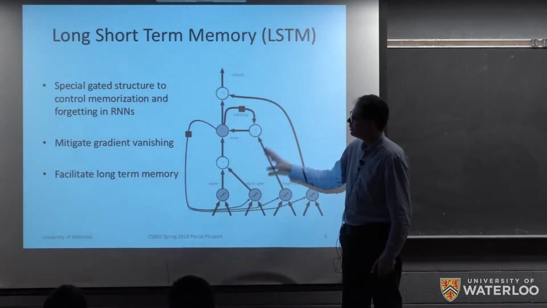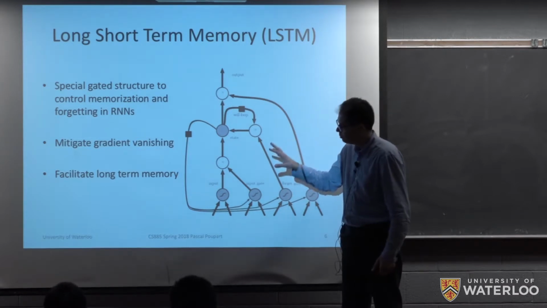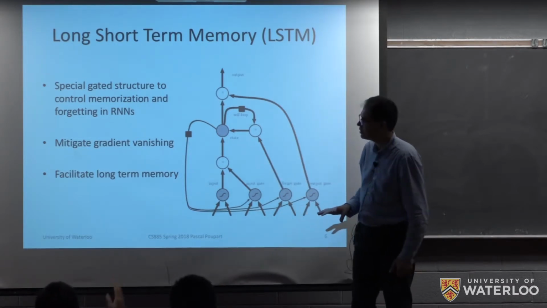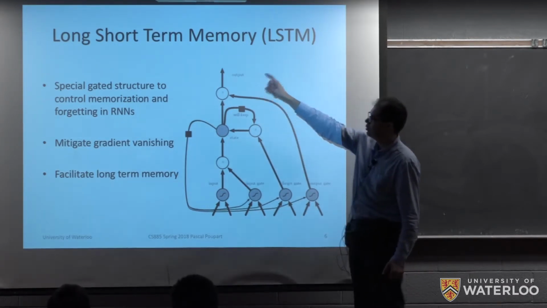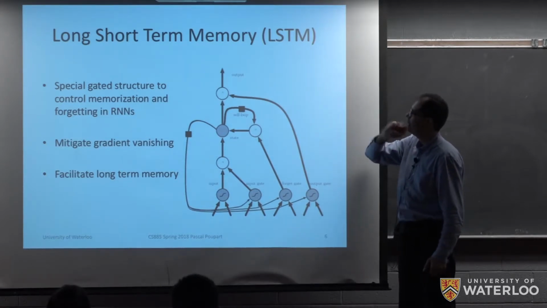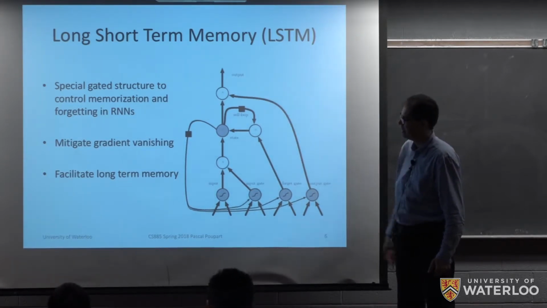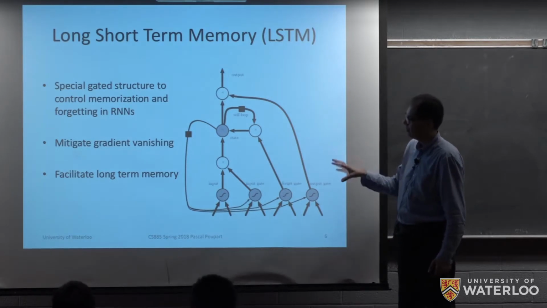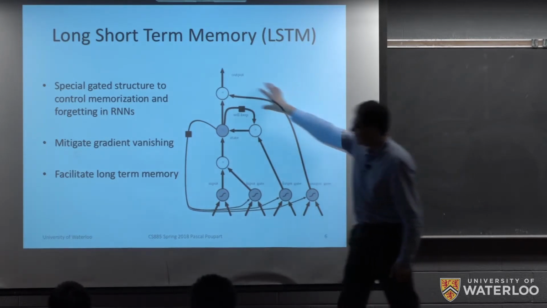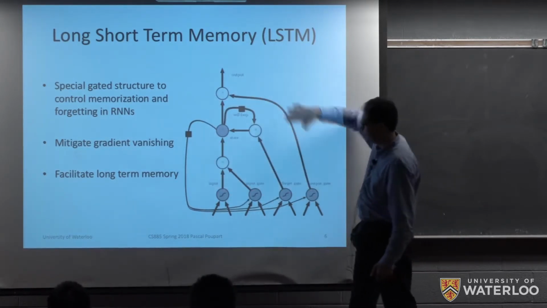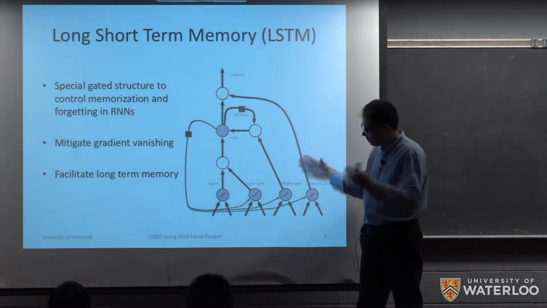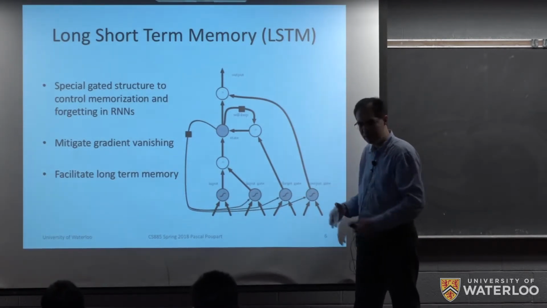Alright, so one way of mitigating those challenges is to use the long short-term memory, which is known as the LSTM unit. So the idea is that here we have a group of cells that we're going to combine together. So it's going to be an aggregated unit.